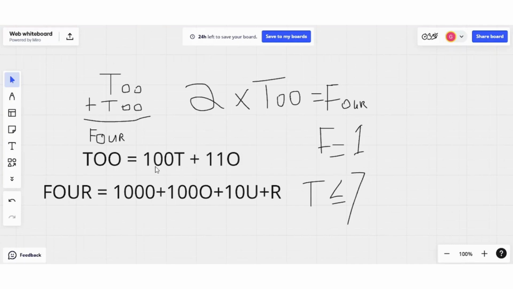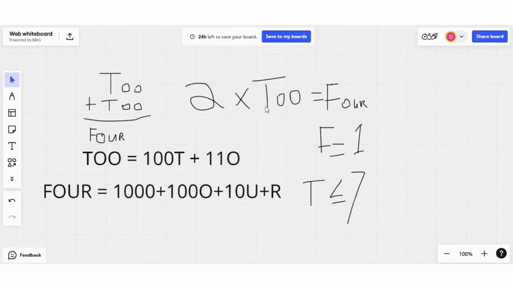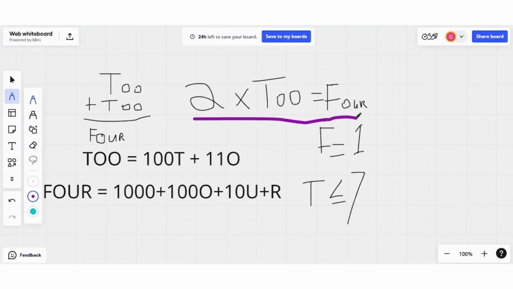So first you solve for t and o. So we start with f equals to 1, right? So given this statement that we showed above, if we have 2 into 2, if we have value of 1, we know, right?